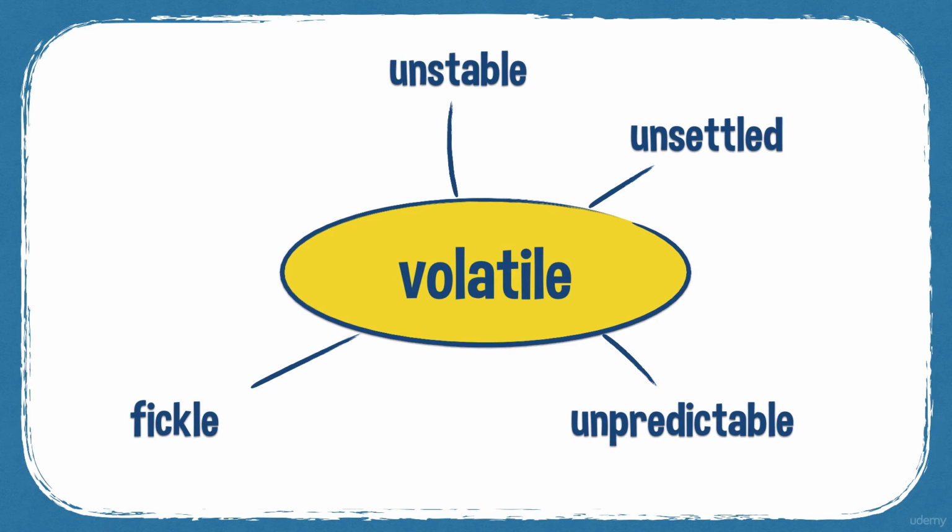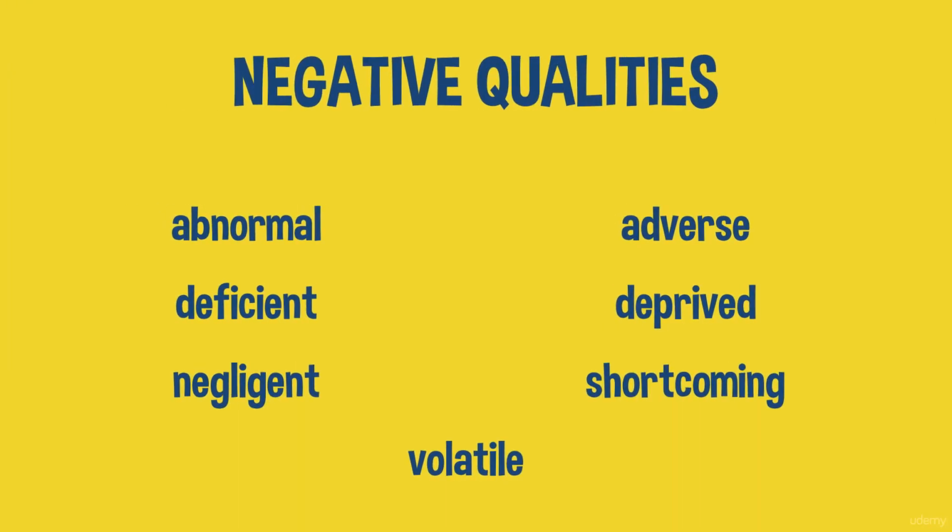People can be very fickle if they change their minds, if they change their opinions very quickly and suddenly. Erratic. So there are your 7 words for talking about negative things: abnormal, adverse, deficient, deprived, negligent, shortcoming, and volatile.